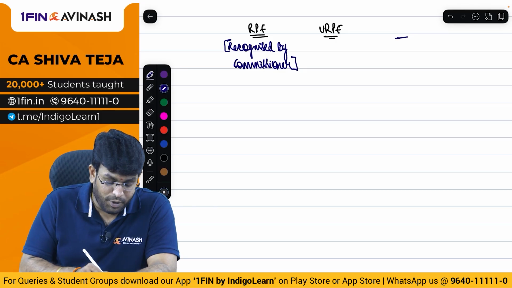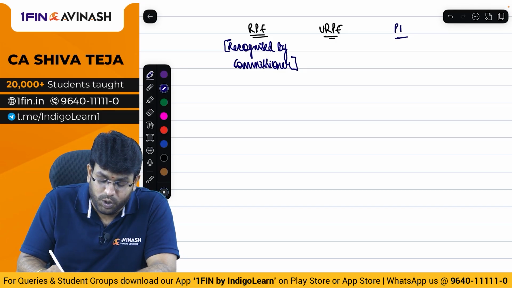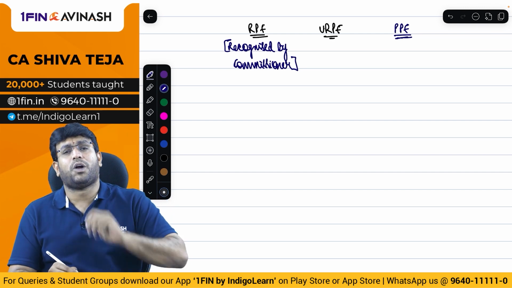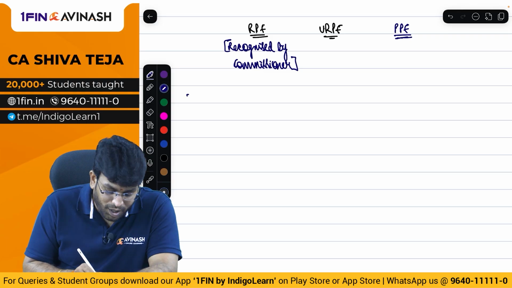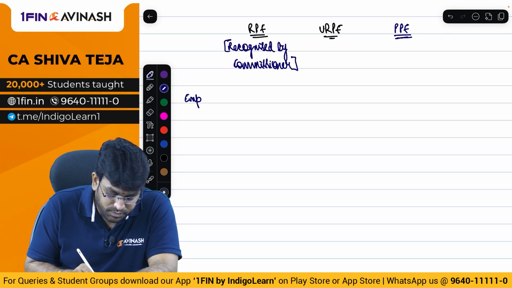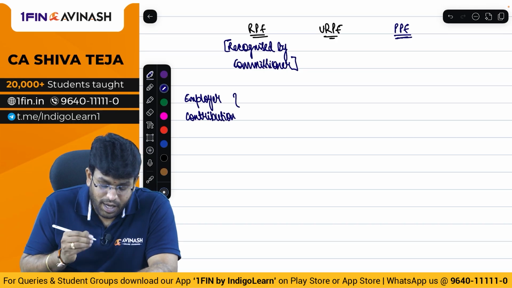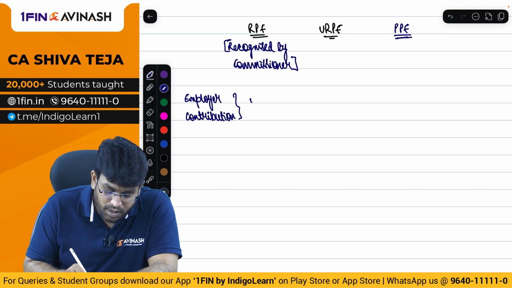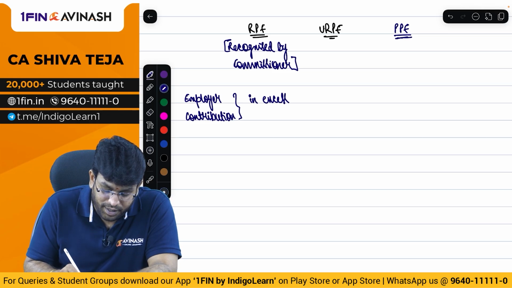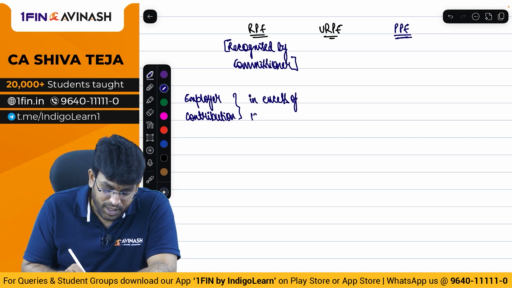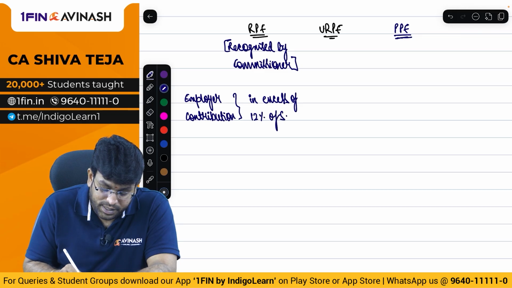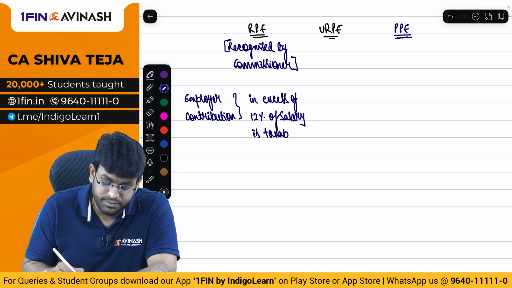See, normally in case of employer-employee, the contribution is made to either RPF or URPF. In Public Provident Fund, anybody can contribute, even a self-employed person. Now, employer contribution: what they told in the law is that in RPF, employer contribution in excess of 12% of salary is taxable.